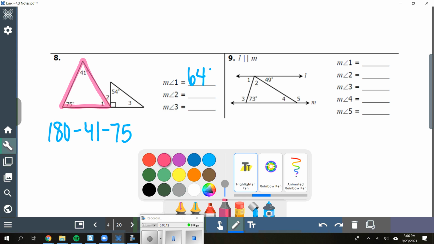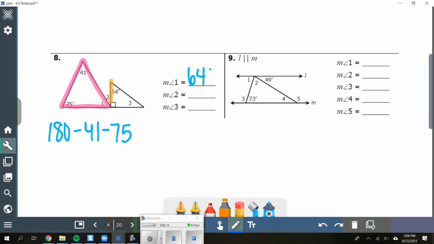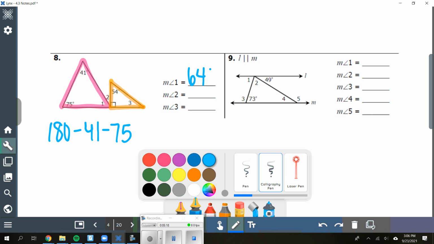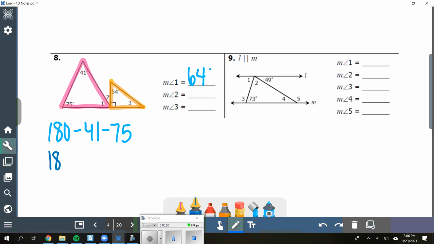The next triangle I notice being able to do something in is the other one. I have 2 of my 3 angles. So I can do 180 minus 54 minus 90 to get angle 3, 36 degrees. And then last I have angle 2, and it's not a part of any triangle.